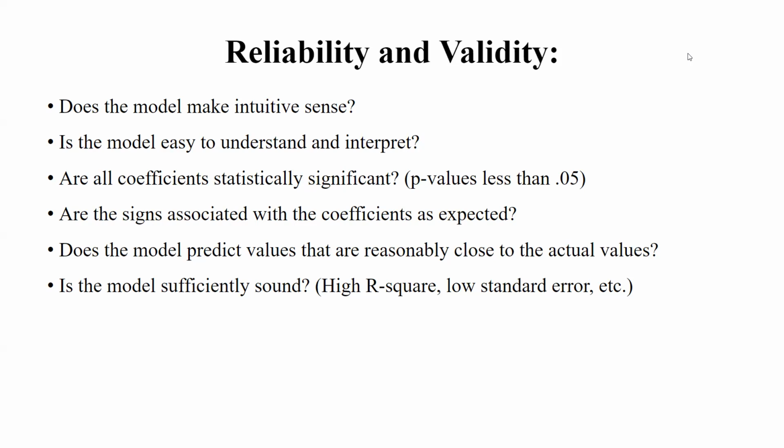All those p-values should be less than 0.05. How we got this less than 0.05 is dependent on our level of confidence. In social science we can have a confidence level like 90%, 95%, and 99%.